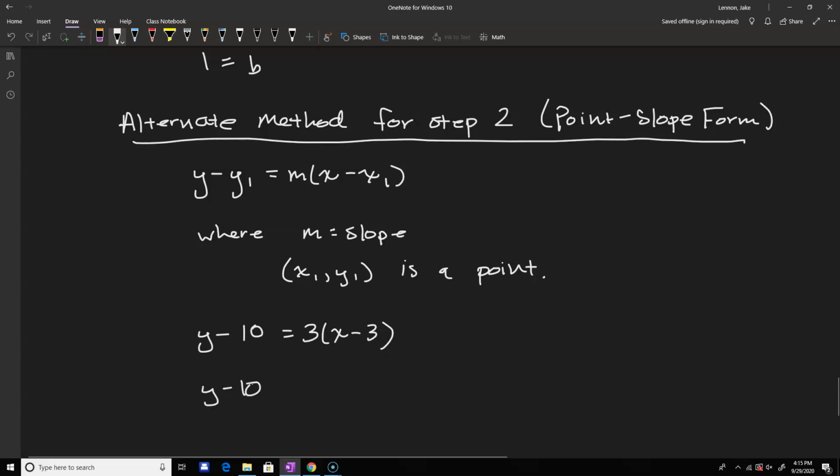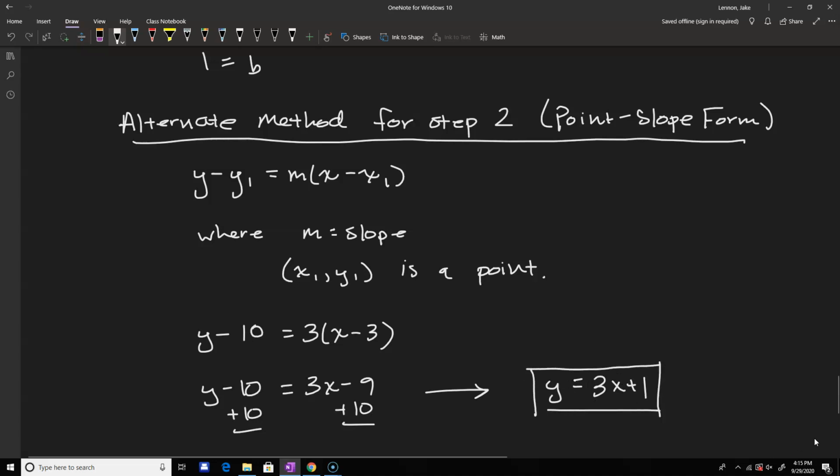You would distribute your 3, so you'd get 3x minus 9, and then when you add 10, you get the same answer, y equals 3x plus 1. So it's an alternative method of finding the same answer. I don't care which way you do. If you're accustomed to using the point slope form, then go ahead and use it. I'm typically going to just be plugging in and solving for b that way.